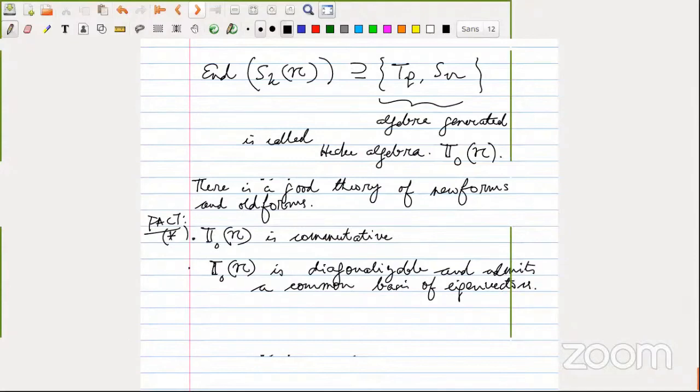Okay, and these eigenvectors are the eigenforms of all the Hecke operators.